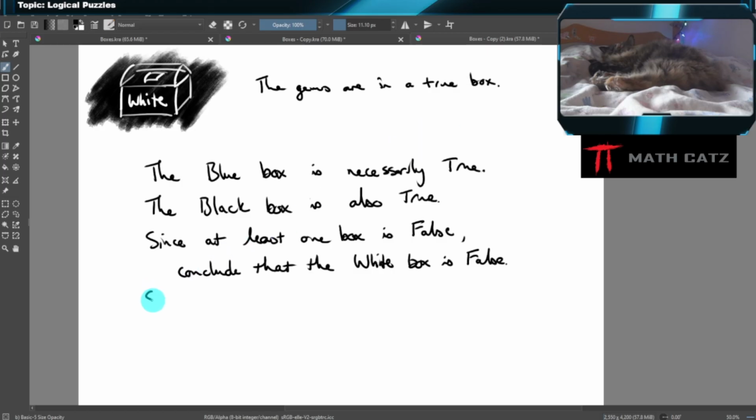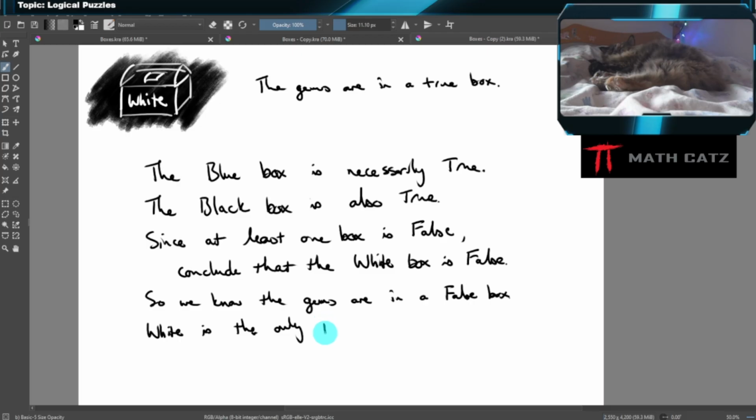So what do we know? We now know the gems are in a false box, the opposite of what white is saying. And white is the only false box.